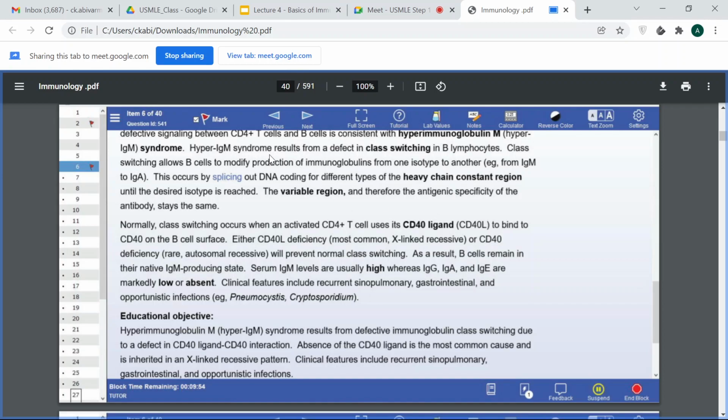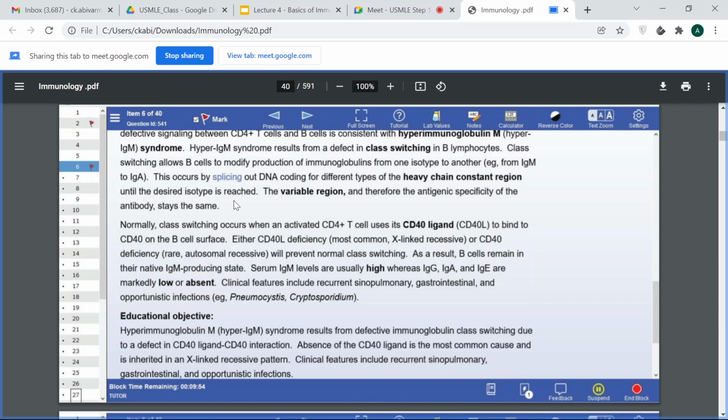So right now you know that hyper IgM syndrome is from a defect in class switching in B lymphocytes, and this occurs by splicing out DNA coding for different types of heavy chain constant region until the desired isotype is reached. So we saw that isotype switching, meaning the class switching from IgM to IgG, A or D, depends on the cytokines, and it's basically a change in the constant region of the heavy chain.